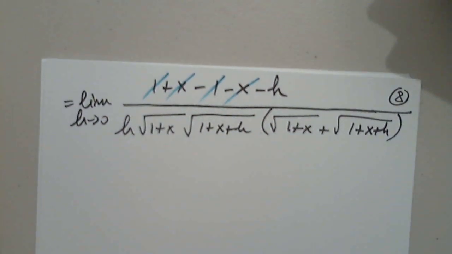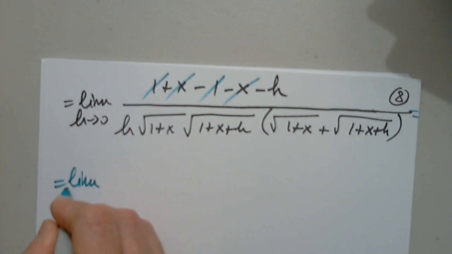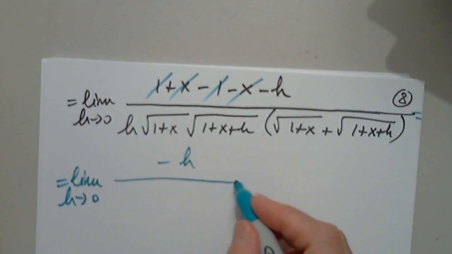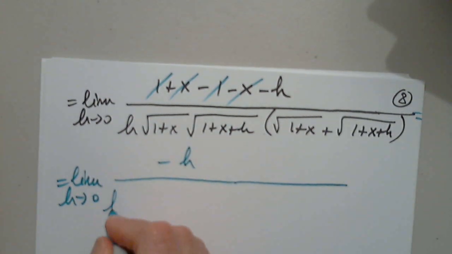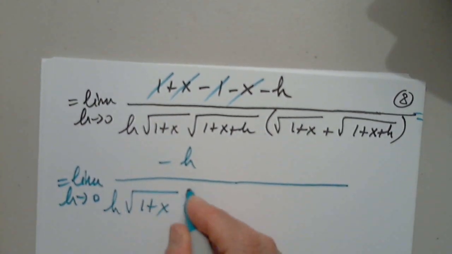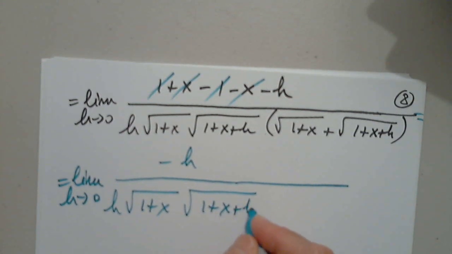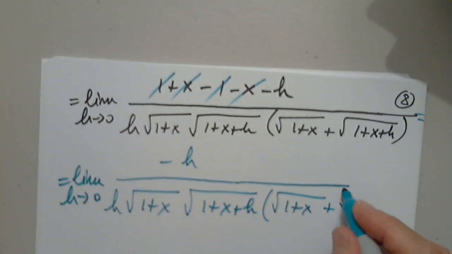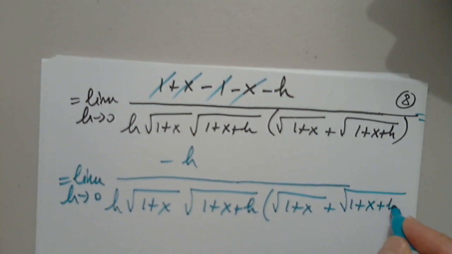And x cancels. So let's write it one more time. Negative h at the top. H, the square root of 1 plus x, square root of 1 plus x plus h, and the square root of 1 plus x plus the square root of 1 plus x plus h.